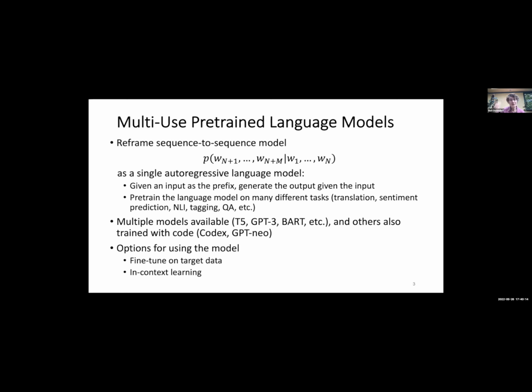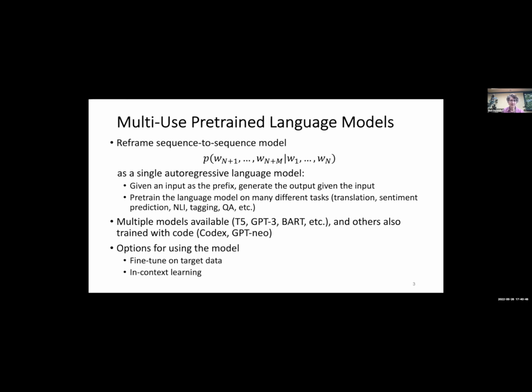Okay, so what do I mean by these pre-trained language models? Basically, we're reframing this sequence to sequence model problem. So sequence in, the user utterance, goes to sequence out, the dialogue system response. We're going to reframe that as a single autoregressive language model. So rather than encoder decoder, it's one big language model where the input is really a prefix to the language model.